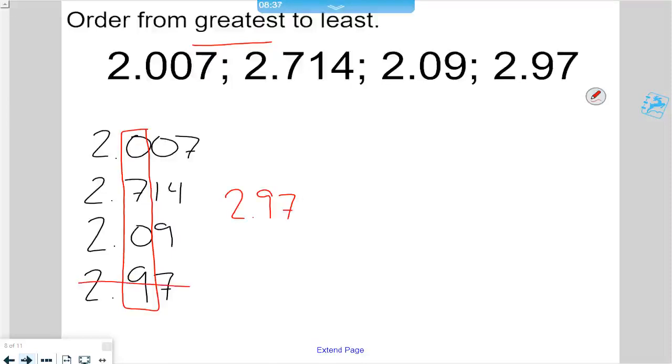That's my biggest one. So now I have 0, 7, 0, so I can get one more in here: 2 and 714 thousandths. So I have 2 and 9 tenths, so I need to move to my next column.